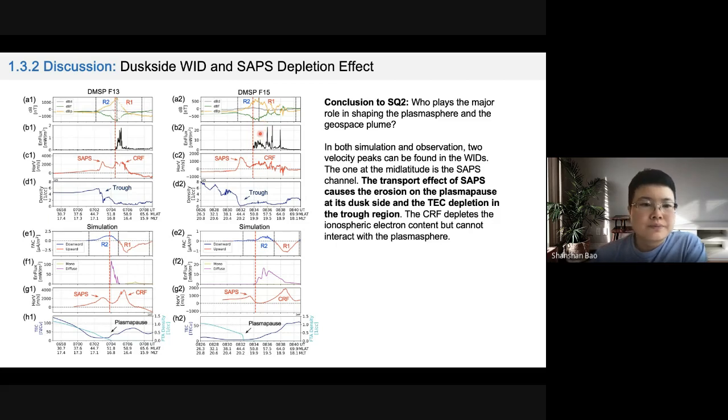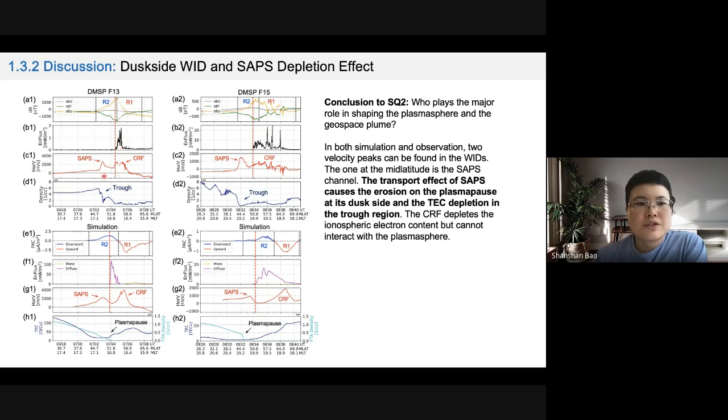So for the top panel, from the disturbance of the measured magnetic field, you can tell the location of the region 2 and region 1 currents. They are separated by the dashed black line, and here is the precipitation measured.